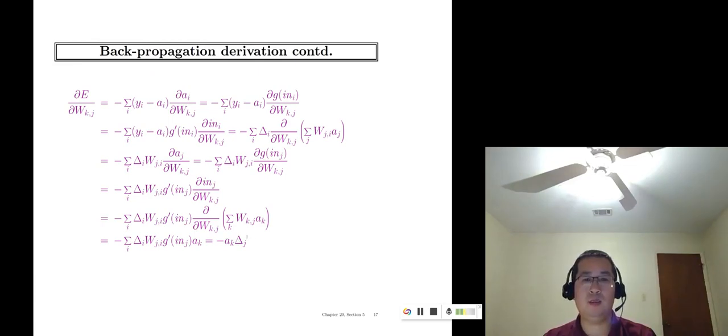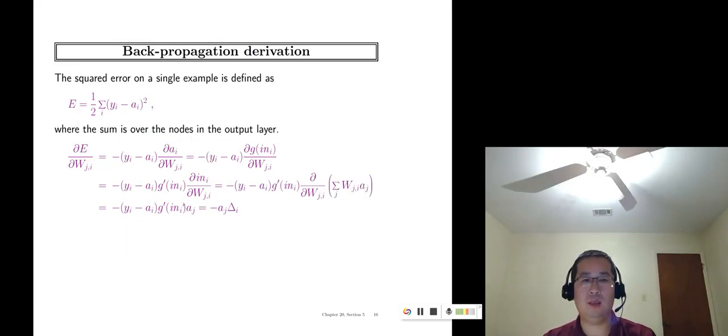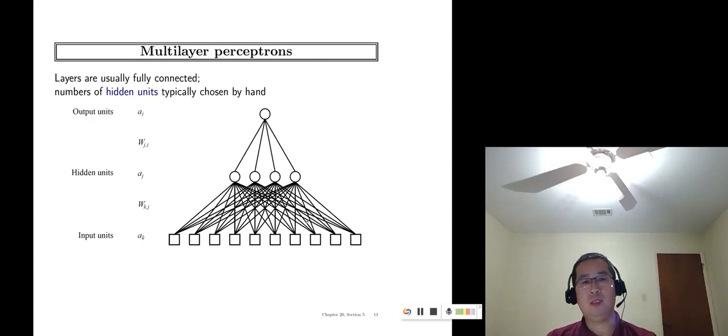So it's the error multiplied by this portion. That means we can also adjust the weight for this one.